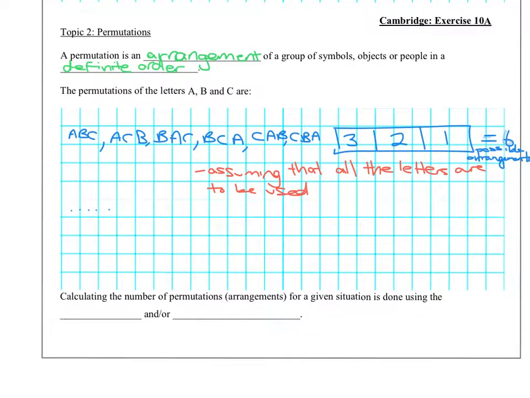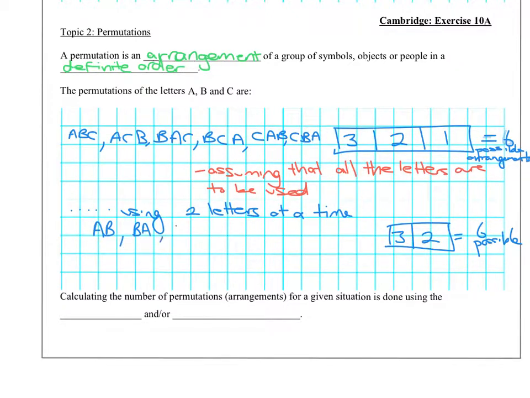What about if we were using 2 letters at a time? So not 3 anymore. Well, we can still have 3 in the first box, and we'll only be able to have 2 in the second box. So again, that's 6 possible arrangements, and they would be AB, BA, AC, CA, BC, and CB.